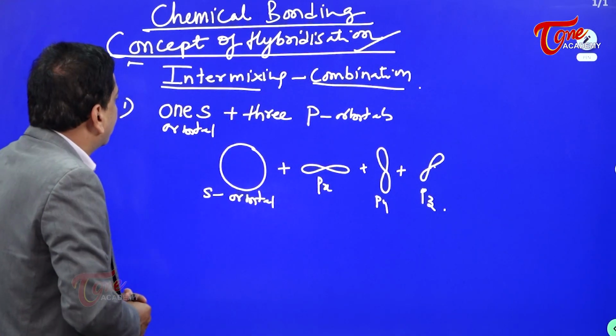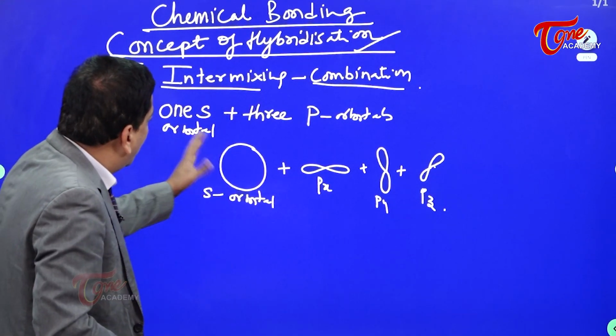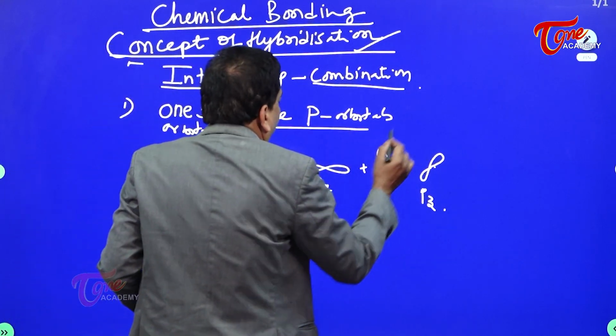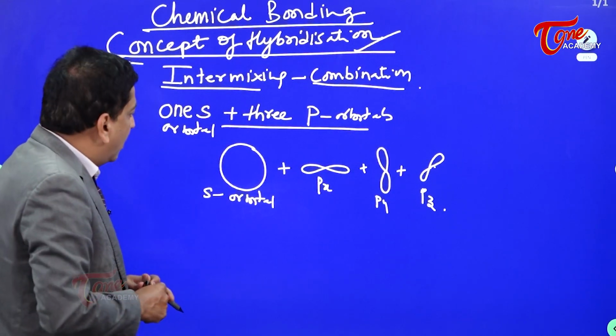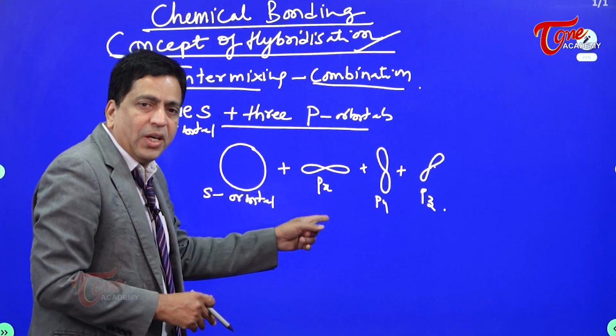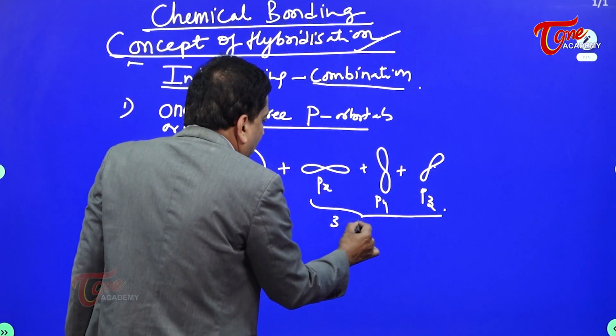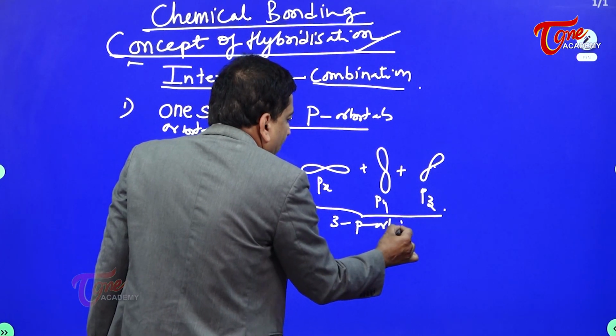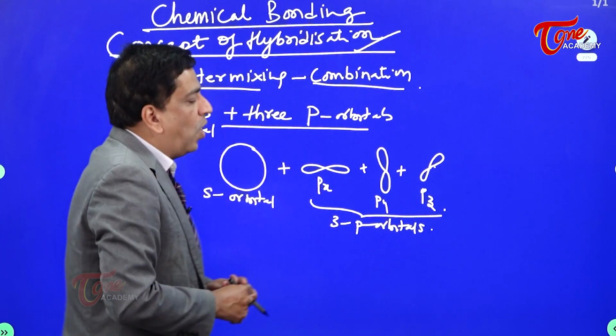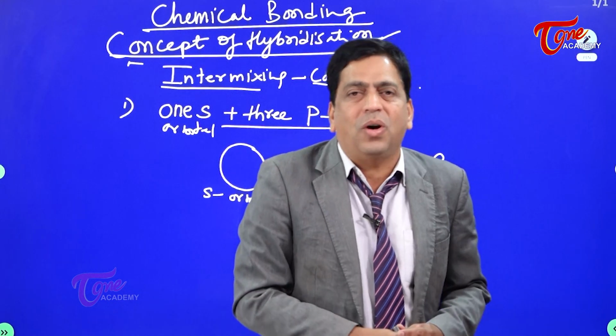Remember this: 1s and 3p orbitals is the first combination we are speaking of. Here it is: s, px, py, pz. So these three I call the 3p orbitals. I am getting readied myself. I didn't call my partner yet.